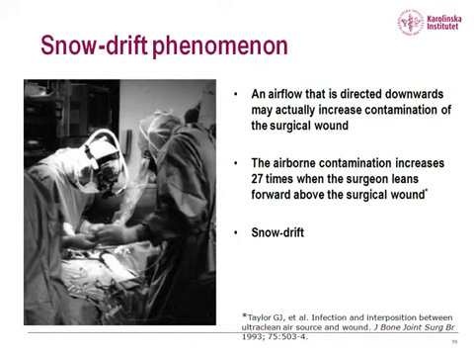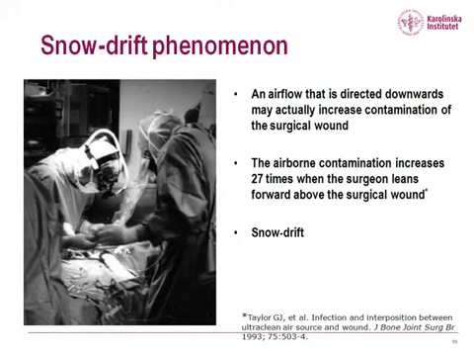The same happens during a snowstorm. The snowdrift will build up behind the obstacle because you have turbulence and stagnation behind the obstacle. And here you have the laminar flow coming from the roof. These are the obstacles. These are the sources of bacteria.